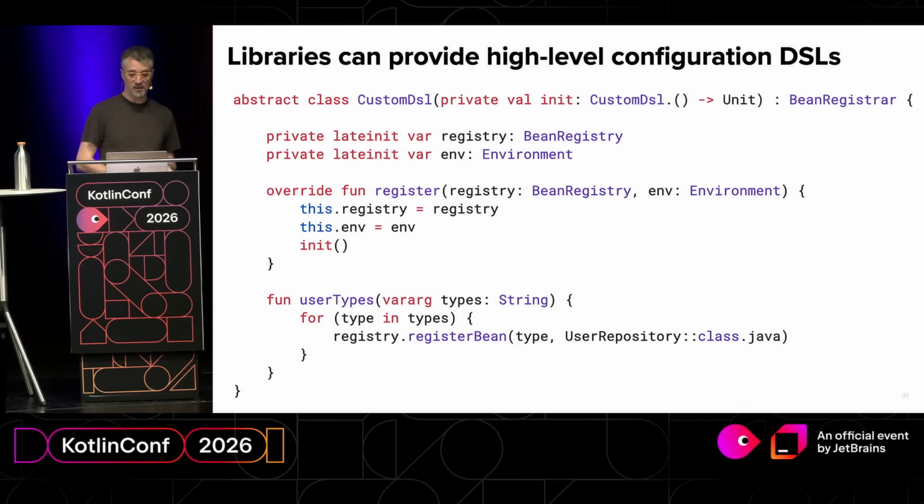By extending bean registrar, like I do in this custom DSL, you can basically provide your own types API, like this user types function. Okay, you can use any kind of signature. You are in control. In the implementation of those functions that are providing a user-friendly API, you are going to do some registry.register bean with for loops, if statements, whatever custom logic you want.